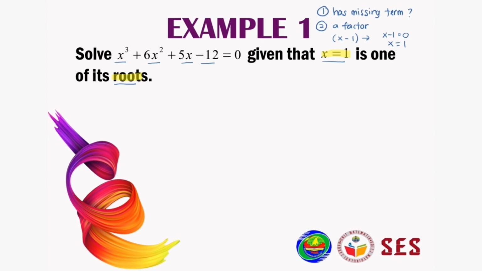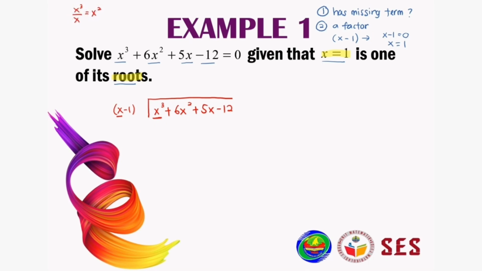Now, let us proceed to do the long division method. First of all, we write down the cubic expression and put the long division symbol, and the factor will be outside the long division symbol. Now, we are going to divide x cubed here with x here. So, x cubed divided by x will give us x squared.